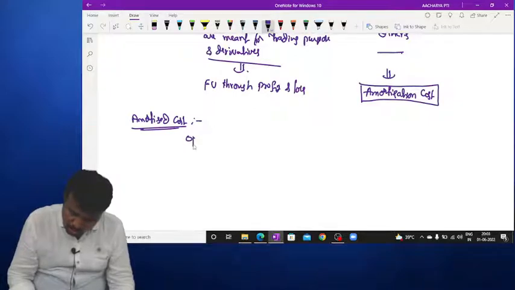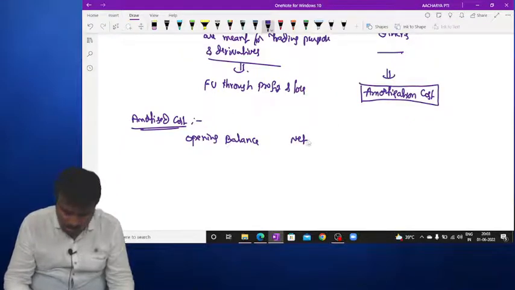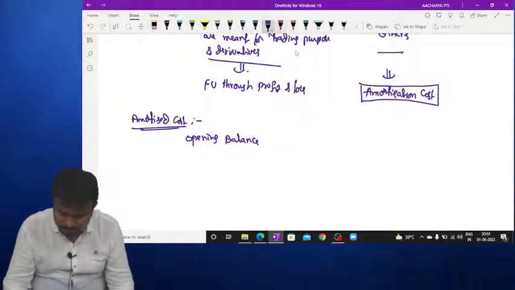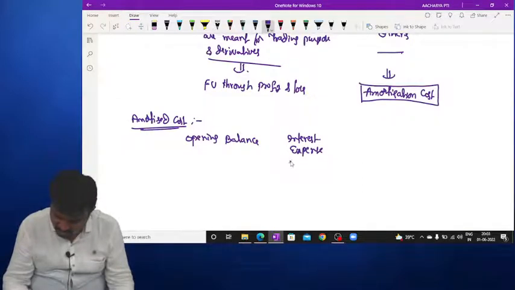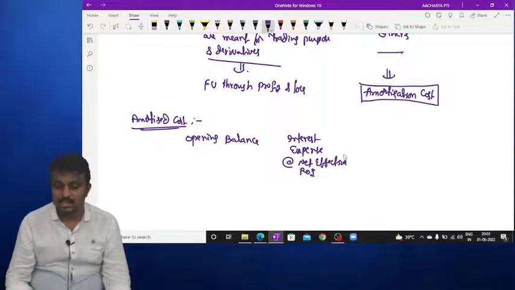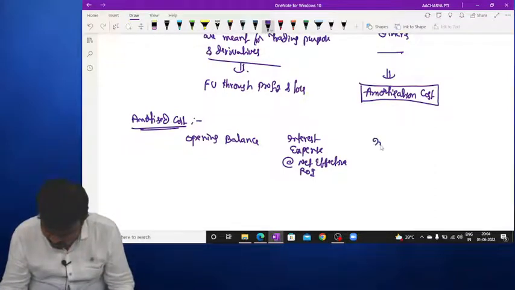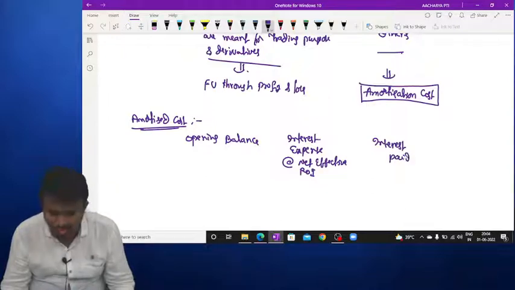Opening balance, and what is the interest expense at the effective rate of interest, and what is the interest paid or amount paid.